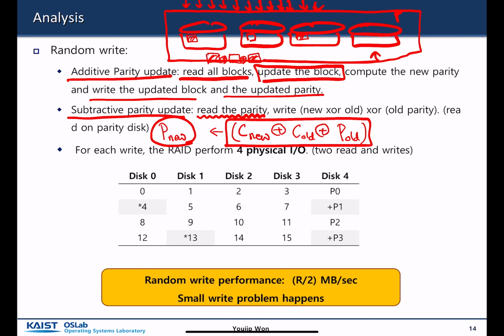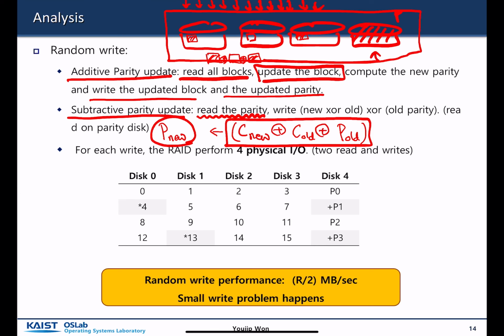Then what is going to happen is there's going to be a bottleneck on the parity block, because for every random write, you have to read the parity block, update the parity, and write it back to its original location. For every write, it requires two IOs for the parity block, one for reading the parity and one for writing the parity.